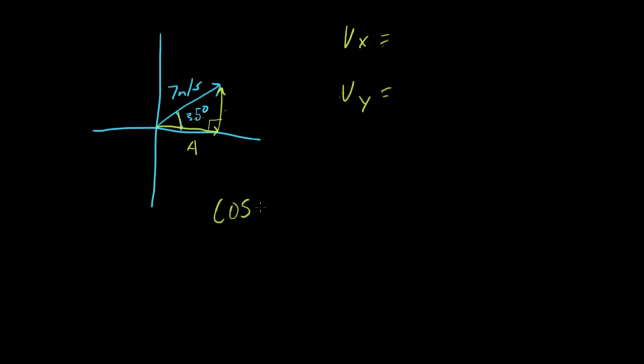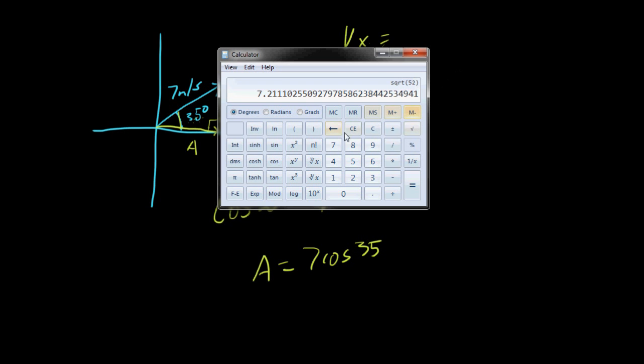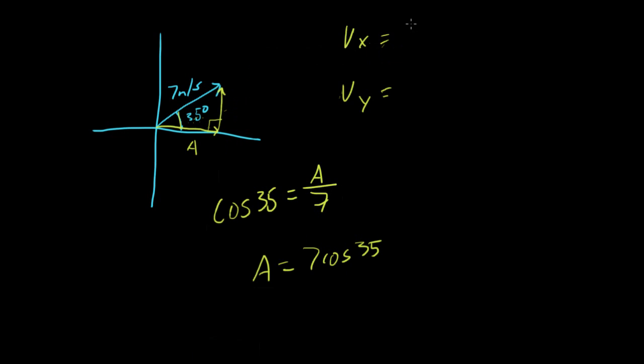So we'll say cosine of 35 equals adjacent, which we don't know, over hypotenuse, which is 7. So solving this, we get the adjacent side equals 7 cosine of 35, which we can do here, times 7. So we get that the x component is about 5.73 meters per second. And to get the y component, we do a similar thing. This time we're looking for opposite, so this is going to be sine.